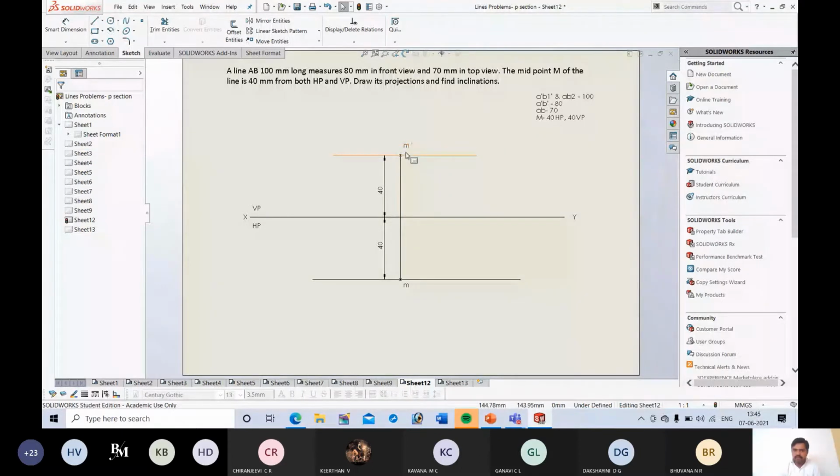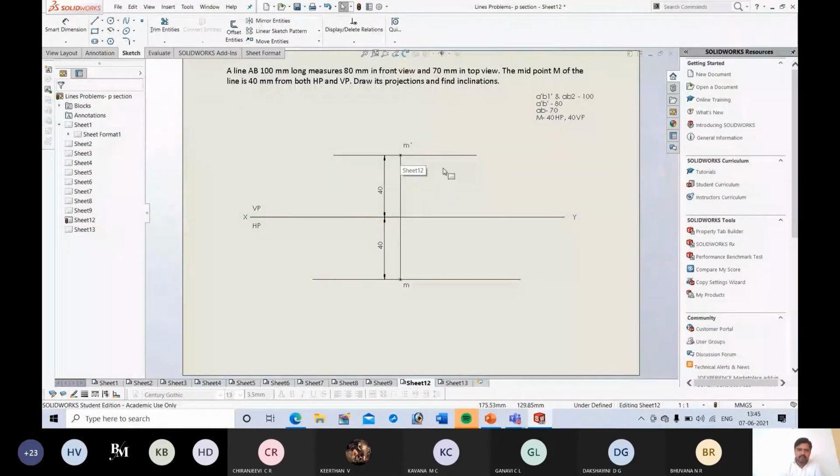In this case, I will consider M to B. So for M to B also, it will be 50, 40, 35: 50 is the true length, 40 is the front view length, and 35 is the top view length.